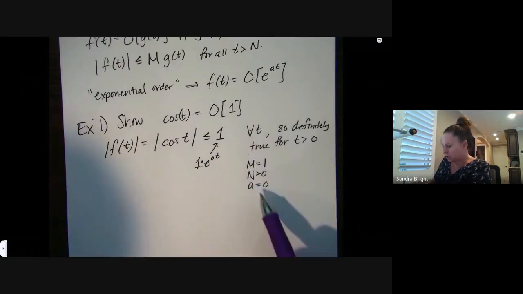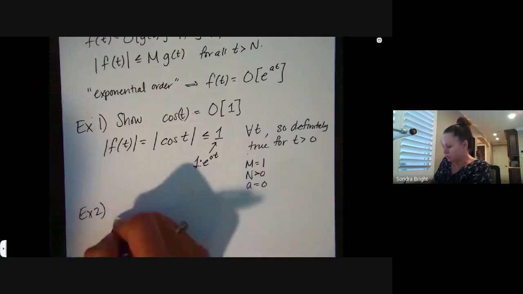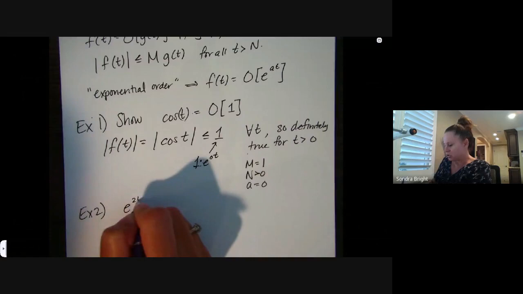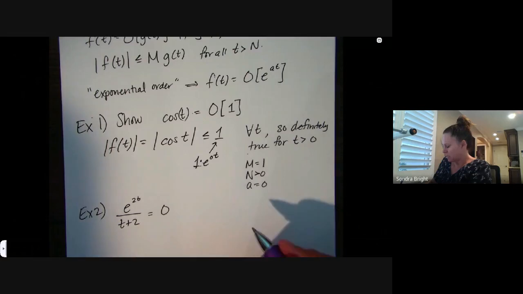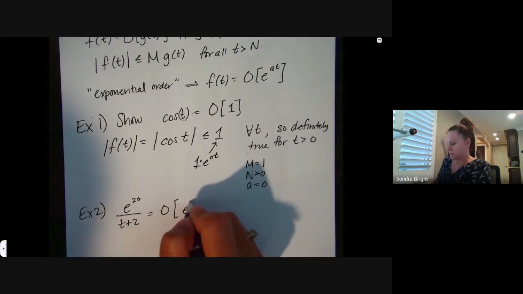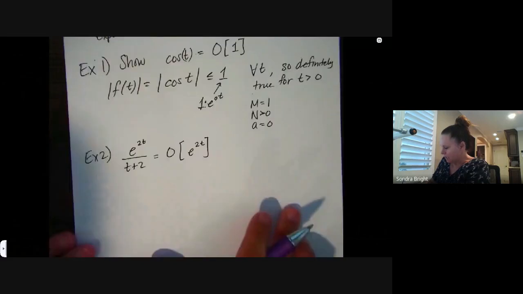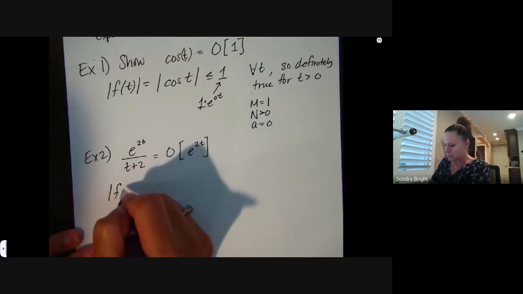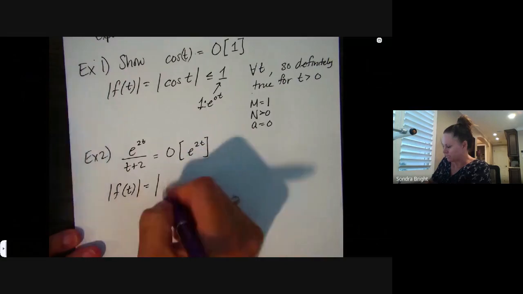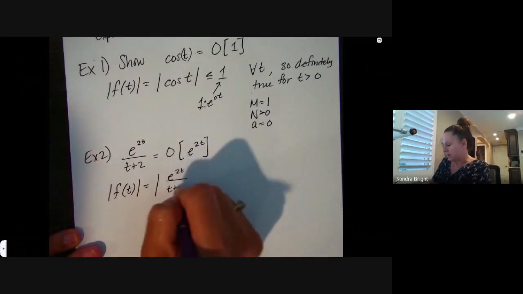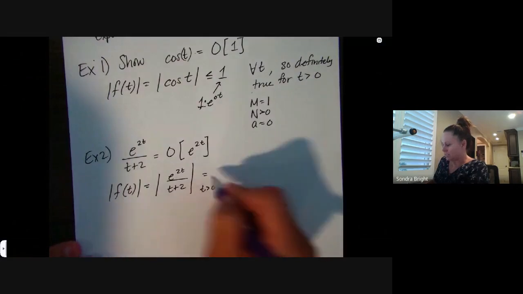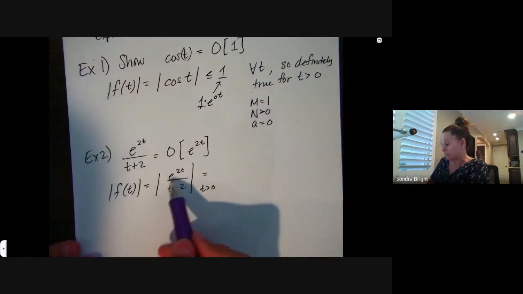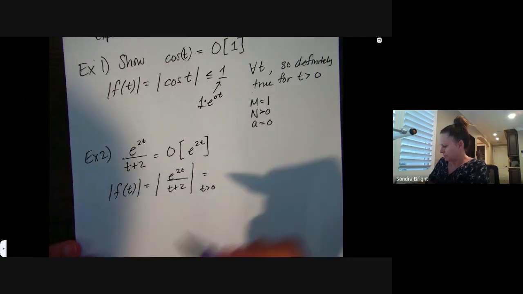All right, let's show that e to the 2t over t plus 2 is of the order of e to the 2t. The absolute value of your function would be the absolute value of e to the 2t over t plus 2. For t greater than 0, you've got a positive number over a positive number, so I can drop off the absolute value symbols.